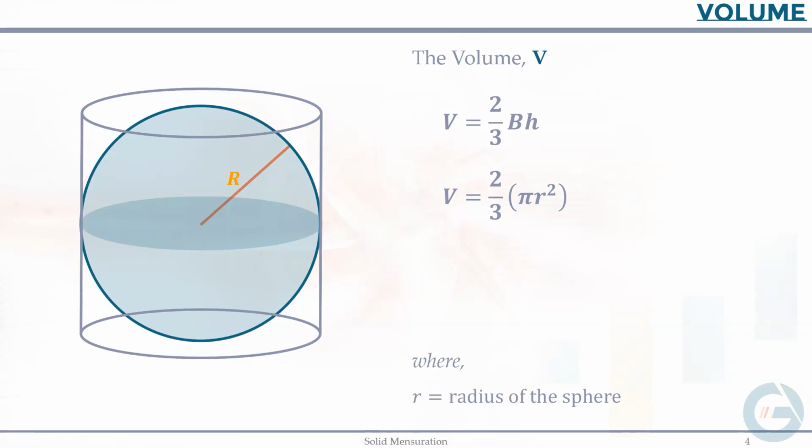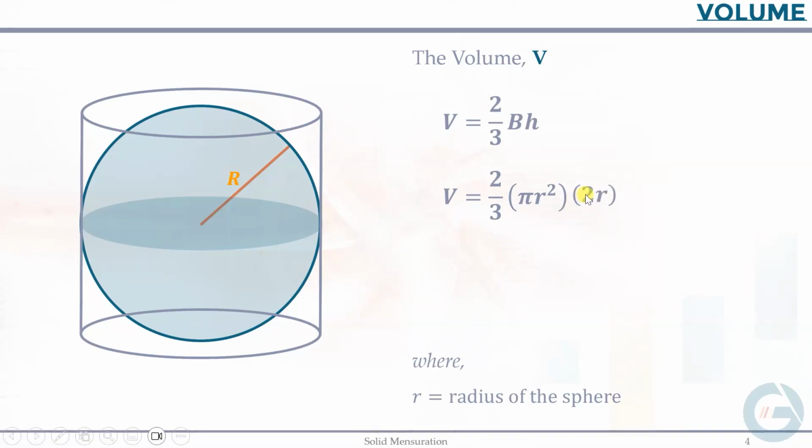So volume equals 2/3. So of course, area of base is pi r squared. So this is the base of the cylinder times height. So what is the height? The height is the diameter of the sphere, which is twice the radius. So times 2r. Okay?